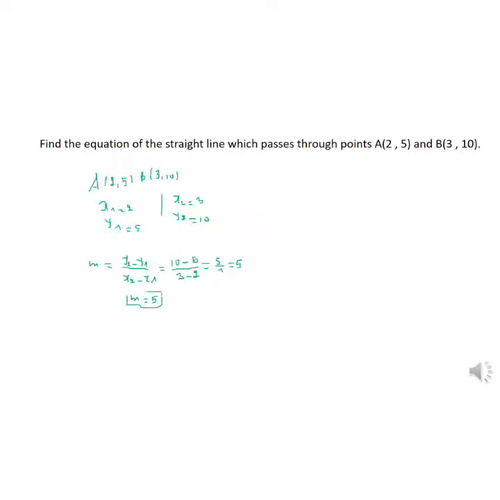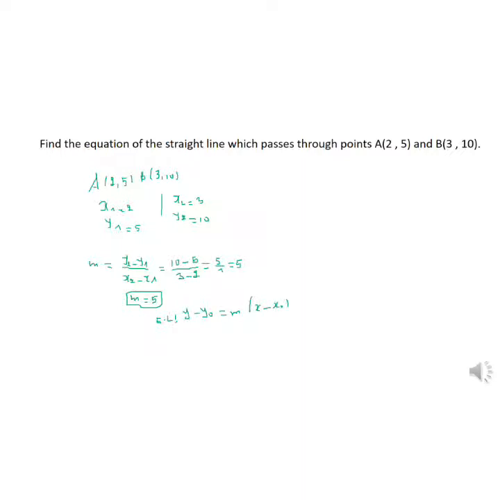Remember, the formula of the equation of a line is y minus y0 is equal to m brackets x minus x0.